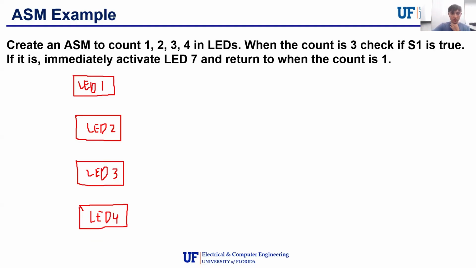And so now it says when the count is 3, check if S1 is true. So I'll have a little box, and I'll make it a diamond as a conditional, S1. And if it's true, immediately, that means there's going to be an oval, because an oval is a Mealy. Oh, I probably should make that bigger so I can write in it.